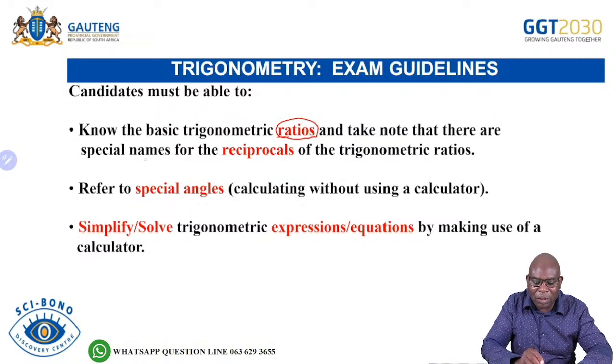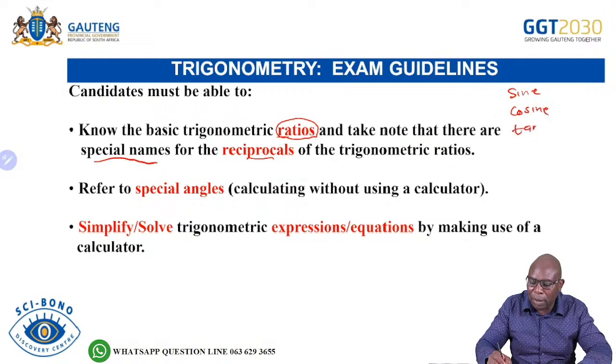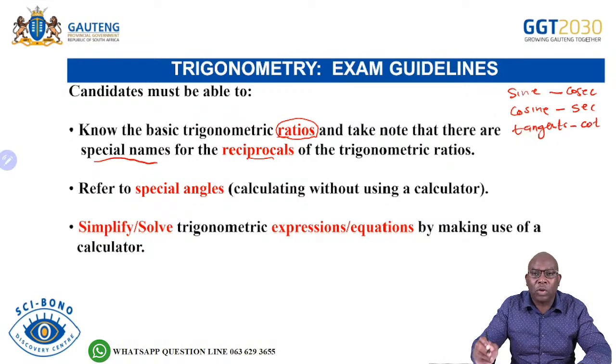And take note that there are special names for the reciprocals. So in other words, remember, I've got a sine, I've got a cosine, I've got a tangent. Now I've got the reciprocals, which is cosec. We have this one as sec, and we have that one as cot.